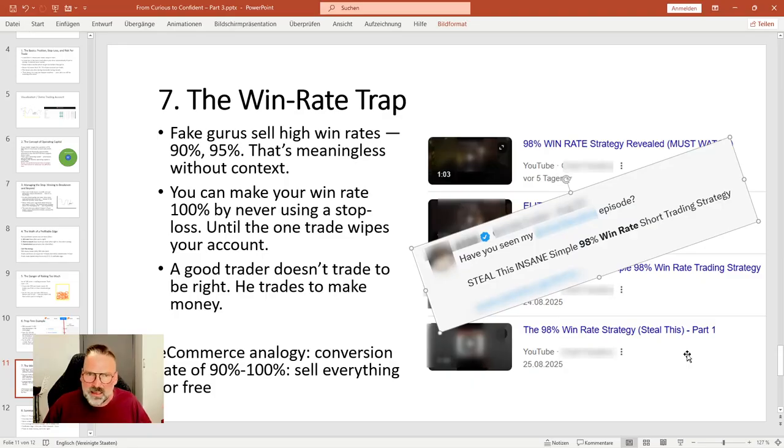There is no such thing as a 95, 98 or whatever percent win rate, unless you just want to sell something, you know, false confidence or whatever, right? So if you want to trade, you have to ask yourself, do you want to be right or do you want to make money? If you want to make money, then there is no such thing as a 90, 95, 98, 100% win rate, right? So, okay. There you go.